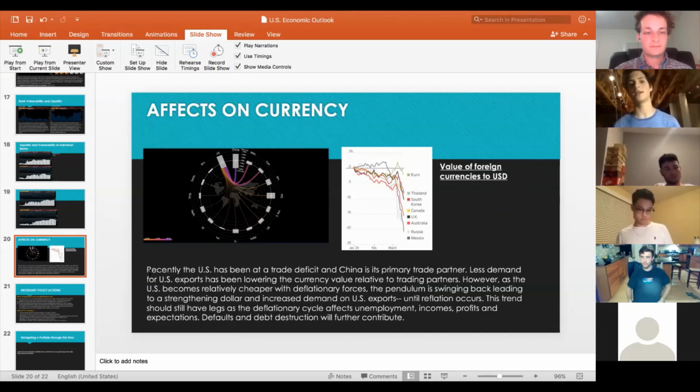I'm arguing that because there's so much more of a contraction left once the deflationary cycle kicks in, the dollar has much more strengthening left to do before it becomes so expensive that people move away from it. If that makes sense.